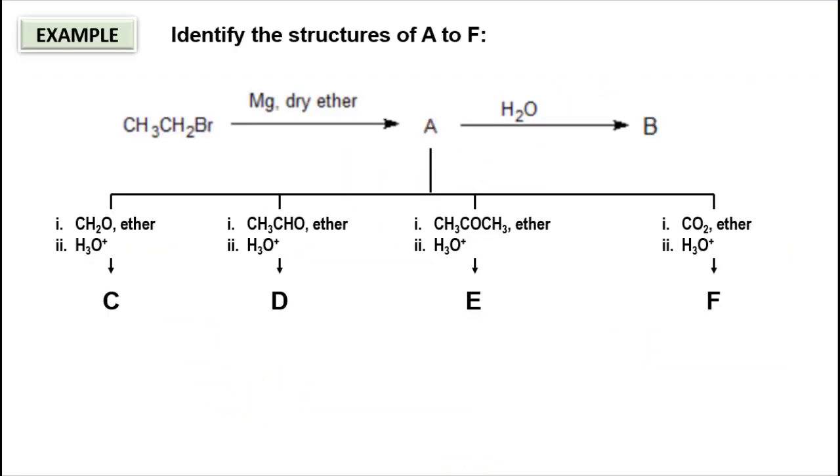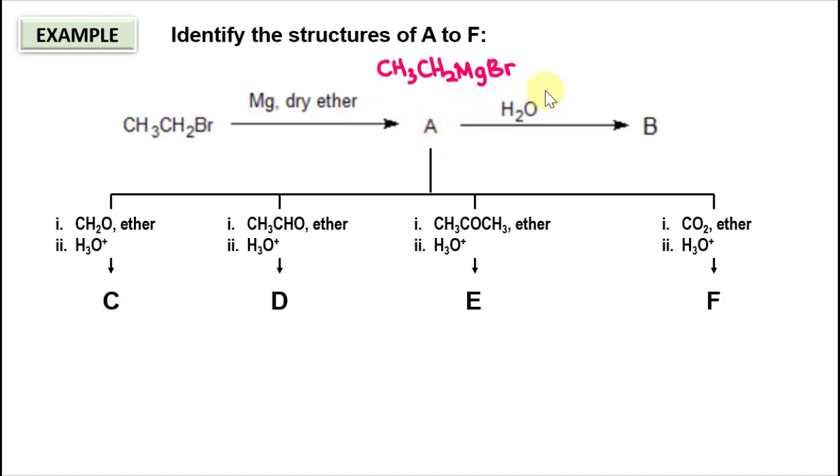Let's do some examples. Here we have bromoethane reacting with magnesium in dry ether. So we know that A is our Grignard reagent. Our Grignard reagent here is going to be CH3CH2 and then we just add the magnesium and Br. Okay, so this is our Grignard reagent.